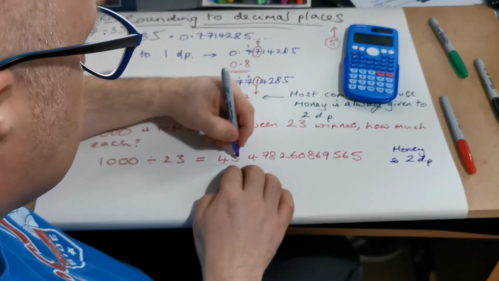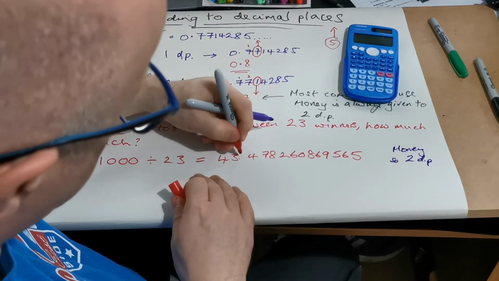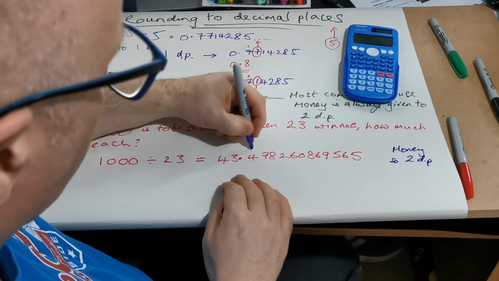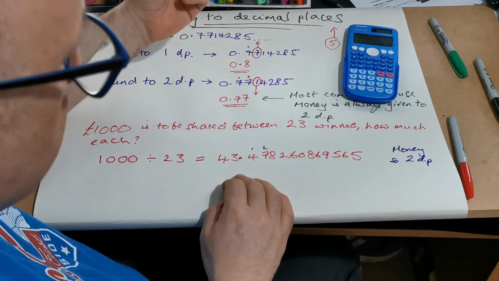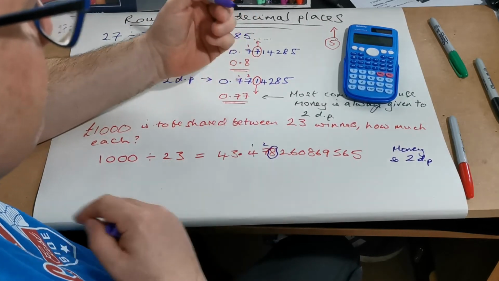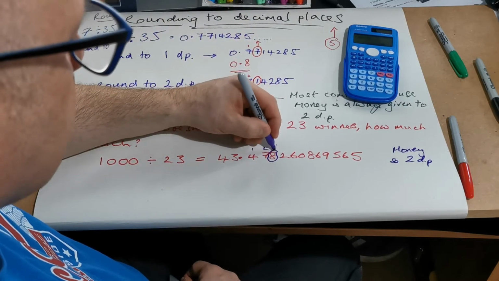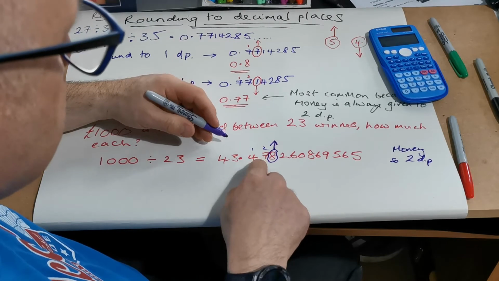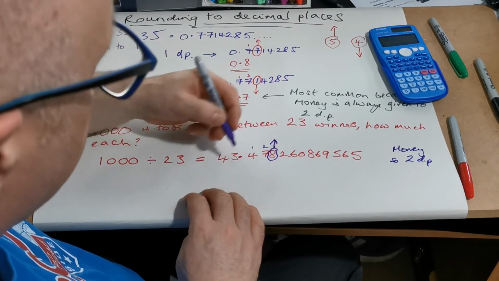So I'll count, here's my decimal point. I'm going to go for two numbers after my decimal point. I'm going to realise that only the next digit makes a difference. And I can see that because it's more than 5, it's going to round up. So this will go up a value.